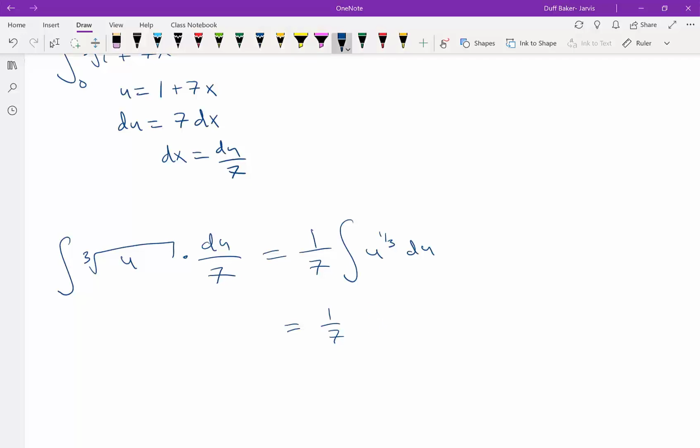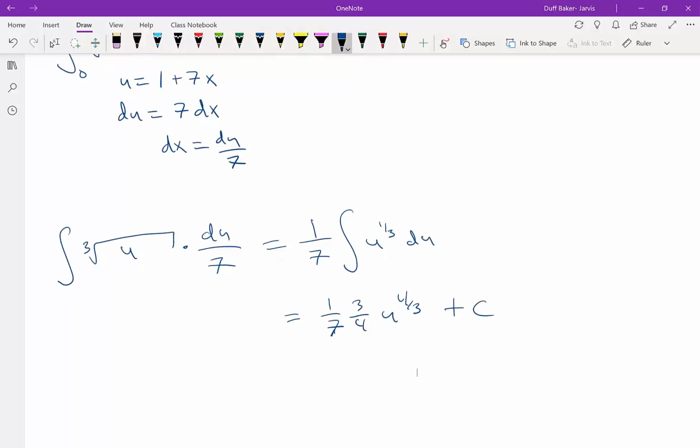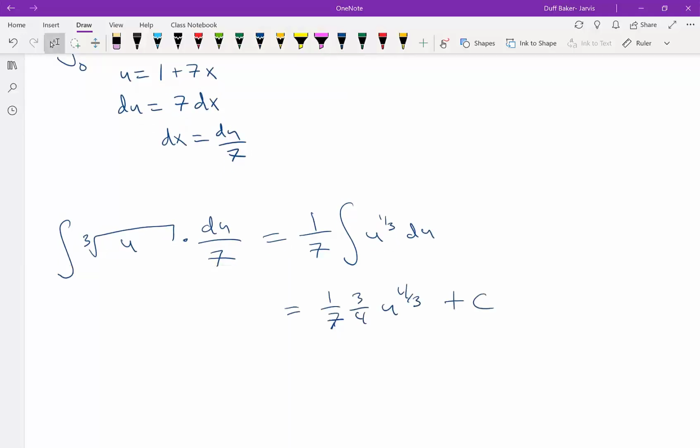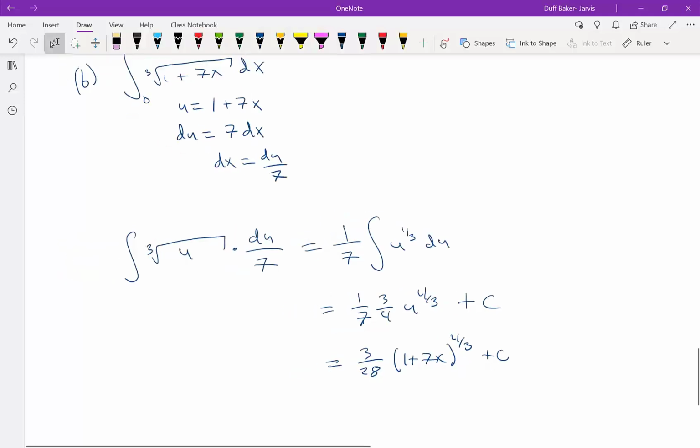Because you have to divide by that. And if you were doing this as an indefinite integral, you'd have a plus c. That's not really going to matter here. And if I return to x's, that would be 3/28 times 1 plus 7x to the 4/3 plus c.